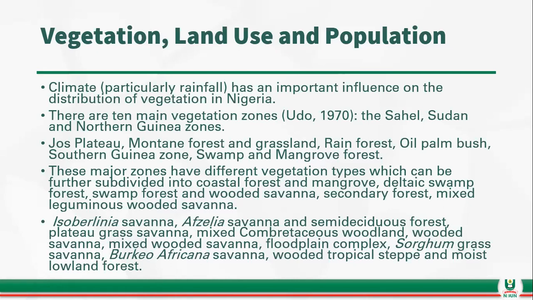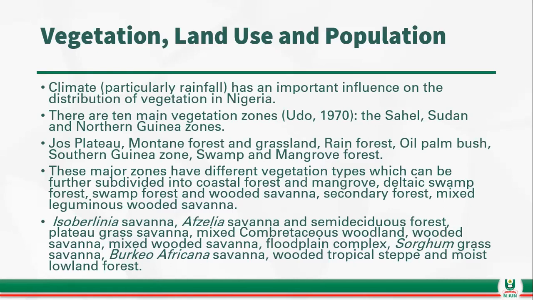So these major zones have different vegetation types, which can be further subdivided into coastal forest and mangrove, deltaic swamp forest, as well as swamp forest and wooded savanna, secondary forest, mixed leguminous wooded savanna, and so on and so forth. So we have the isobellina savanna, Afcelia savanna, and the semi-deciduous forest.